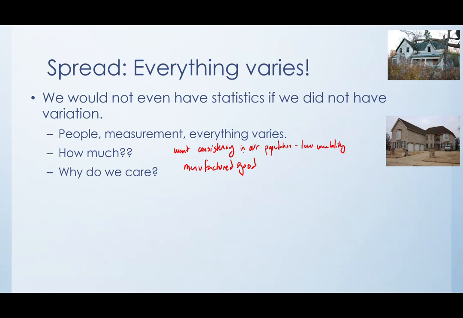All cars of a certain make and model should perform the same. We really want all the apples at the store of the same type to be similar, right? We don't want a whole lot of variability in those sorts of things. So more consistency means the same thing as less variability.